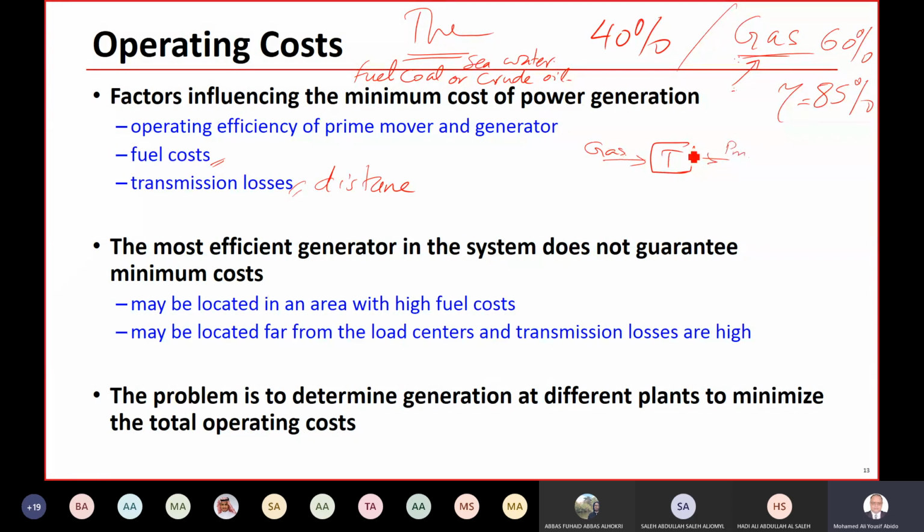But some of the gases go to the air, like this, the exhaust gas. You keep it going to the air without any usage of it.